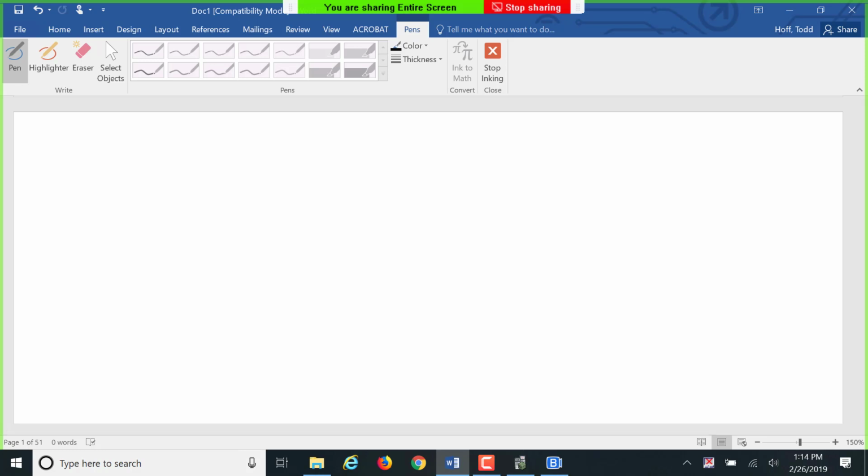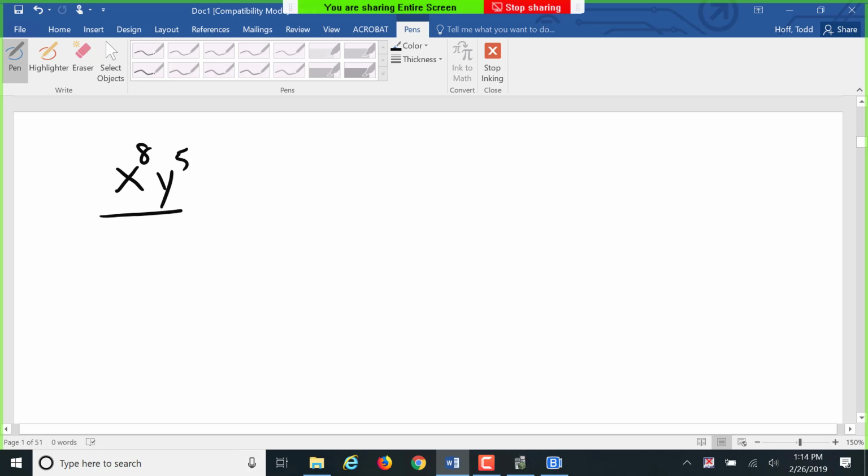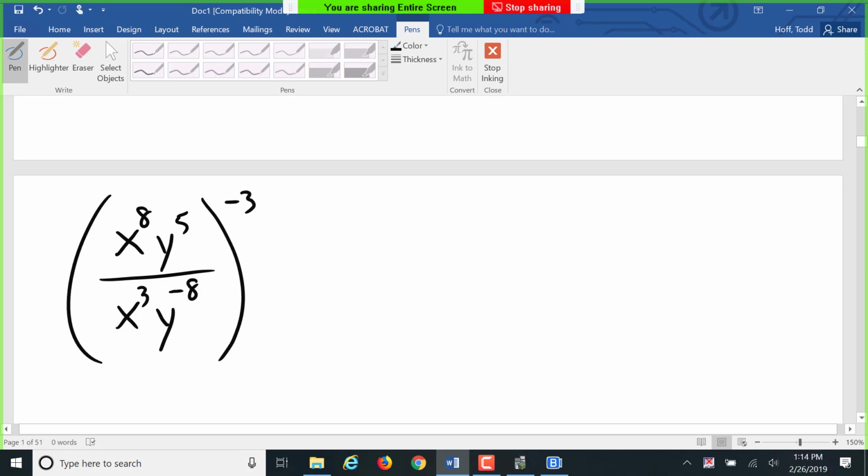Let's throw in a second variable. And I'm going to actually throw into this: express using positive powers, or positive exponents.